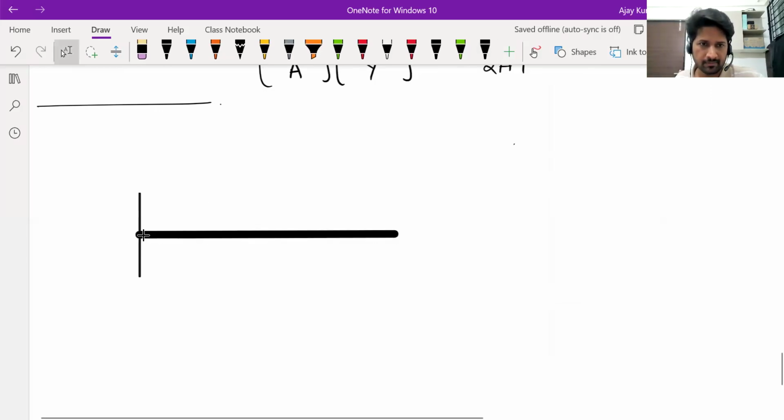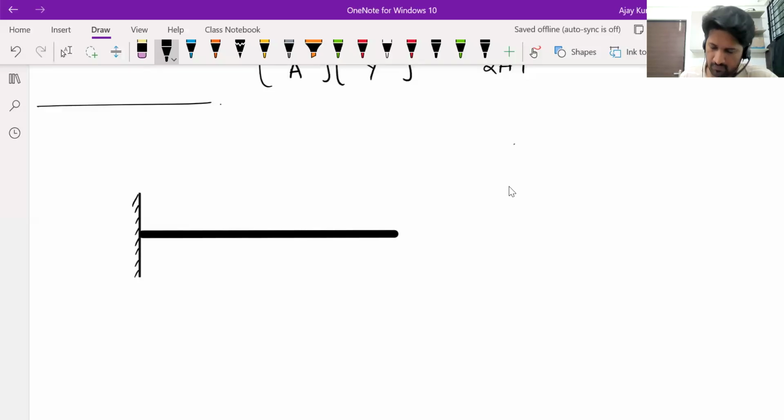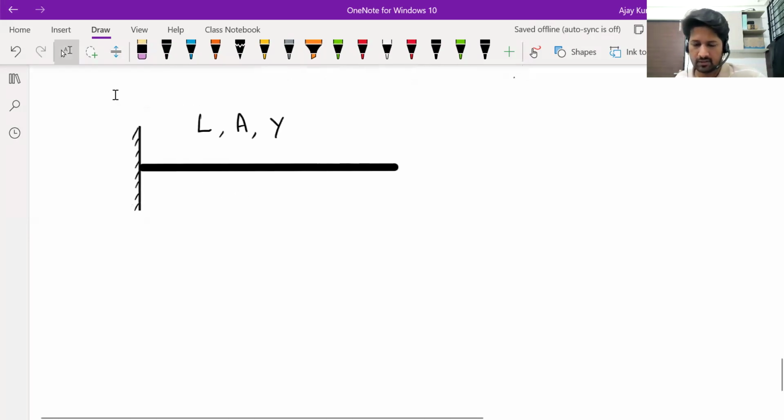Let's say its natural length is L. Cross-sectional area is A. Young's modulus is Y. Fine. Now you start applying a force on this wire at the other end.